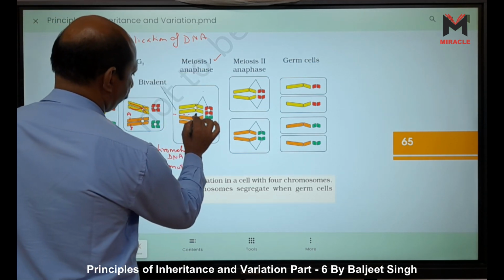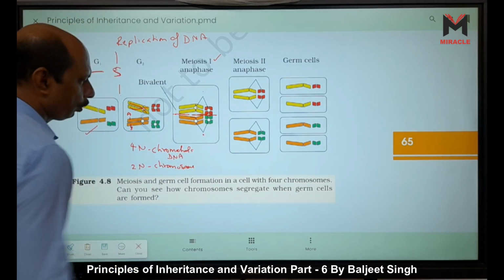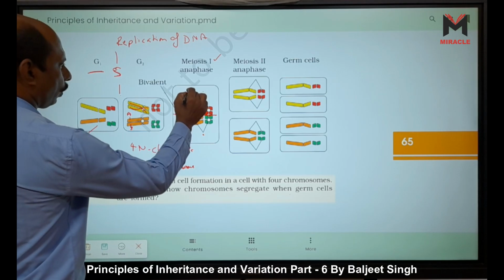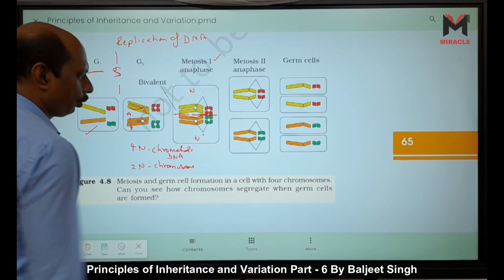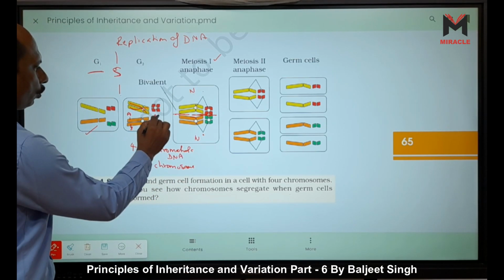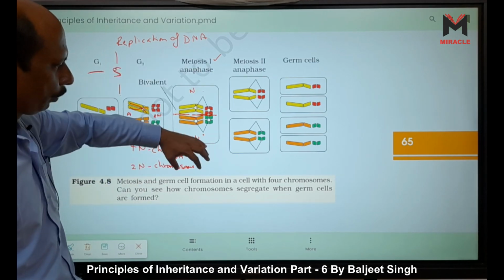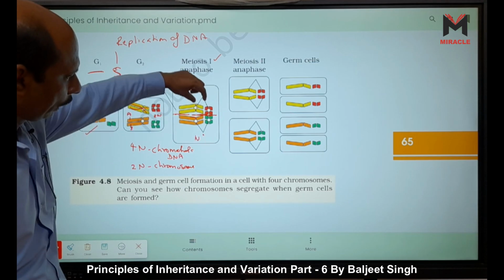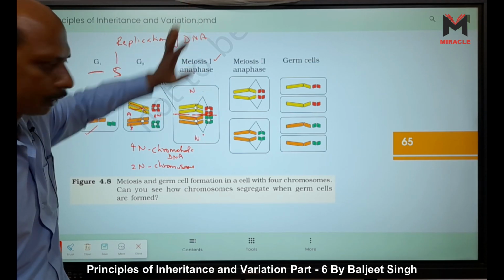You understand? So n chromosomes go to this side and n chromosomes to that side, from 2n chromosomes. Green and pink go to the lower side, and yellow and red to the upper side.